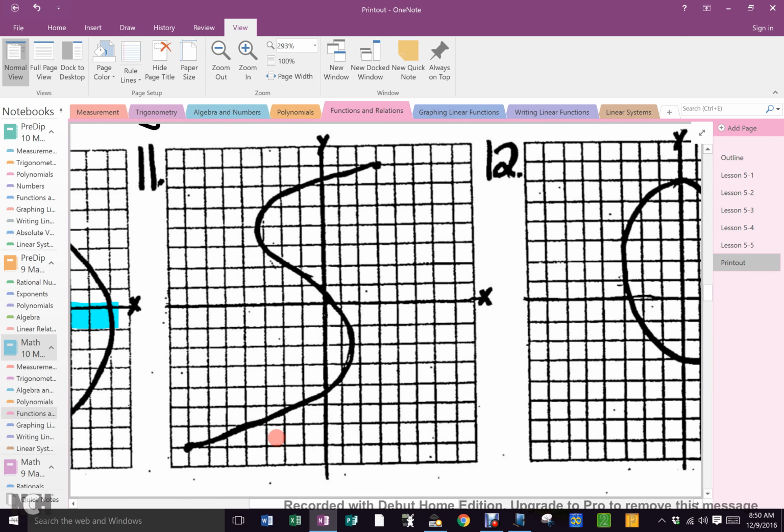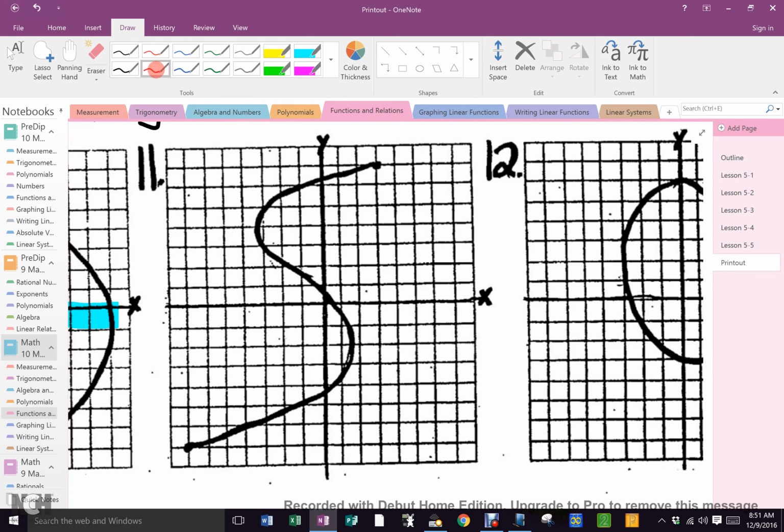We are looking at this guy right here, number 11. What is the f of 2? Where do I go? I go on the x-axis to what point, Antonio? 2.